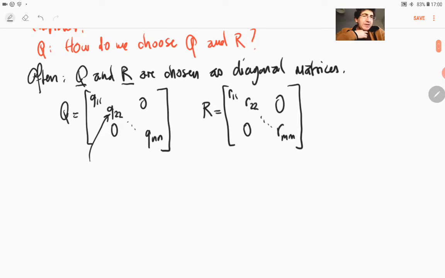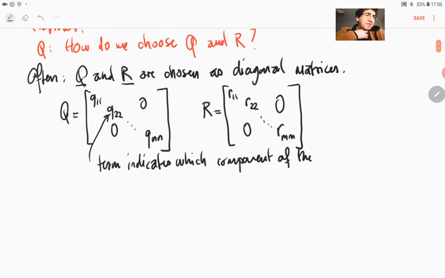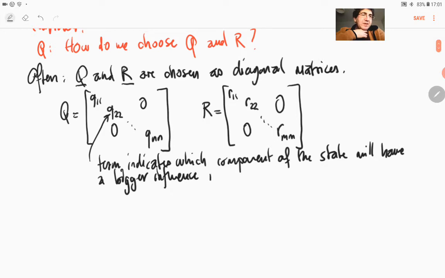So the diagonal term indicates which component of the state will have a bigger influence in the cost function.